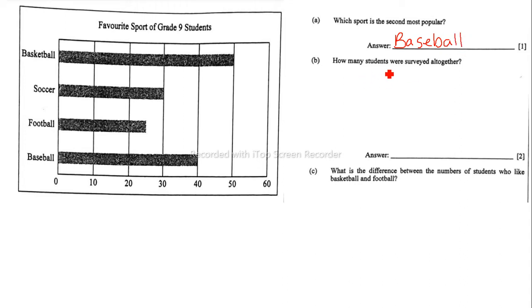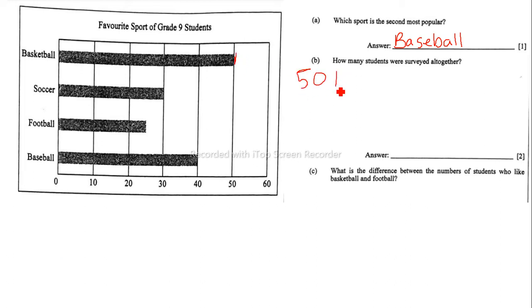How many students were surveyed altogether? So we have to add them, right? For basketball we know it was 50, so let's put 50.